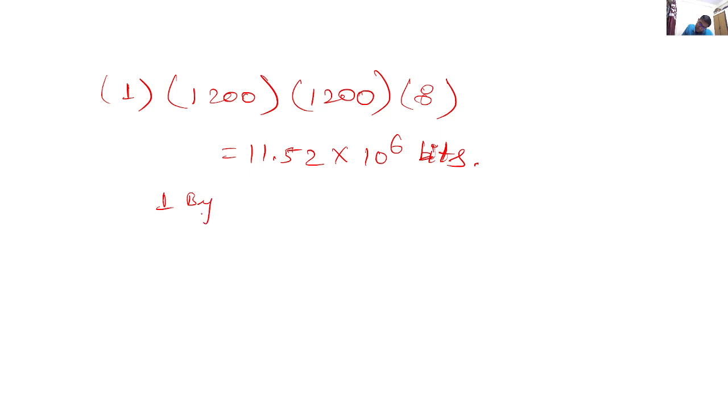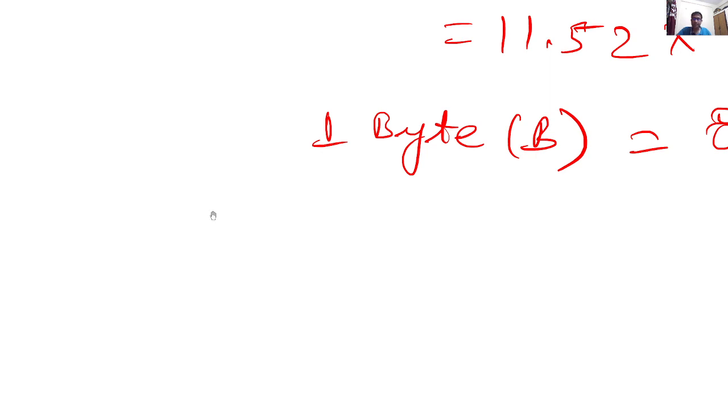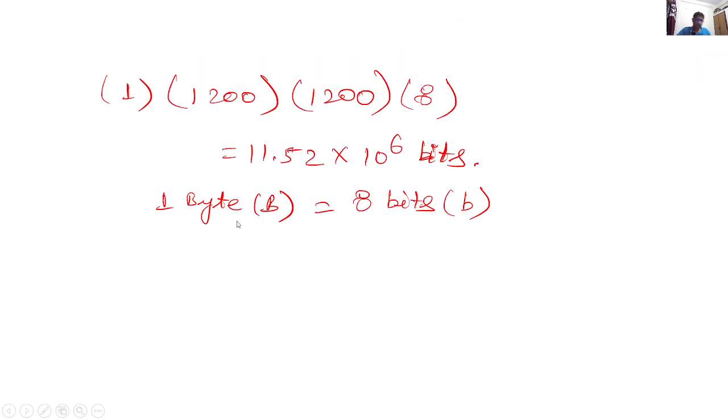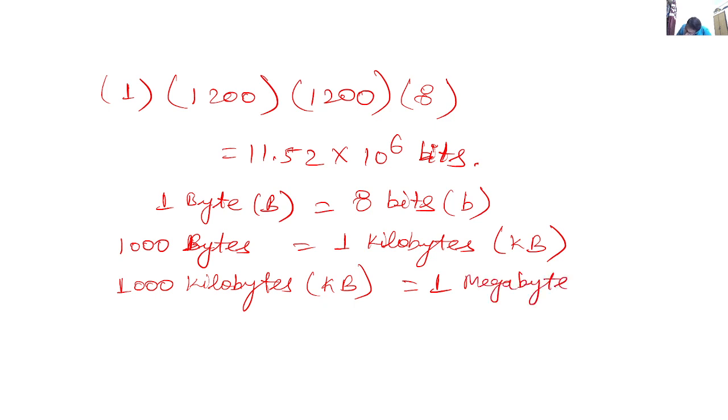One byte, represented as capital B, is equal to 8 bits, represented by small b. 1000 bytes would be equal to 1 kilobyte, represented as KB, capital B. 1000 kilobytes, KB, equal to 1 megabyte, MB.